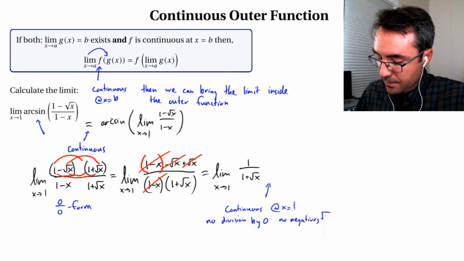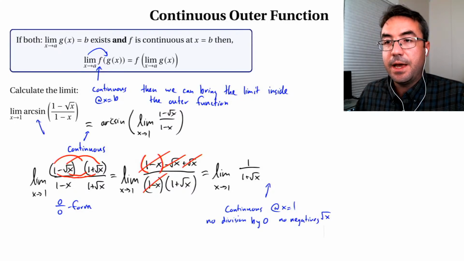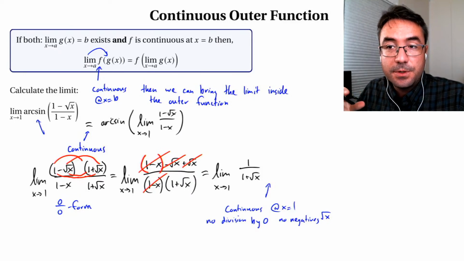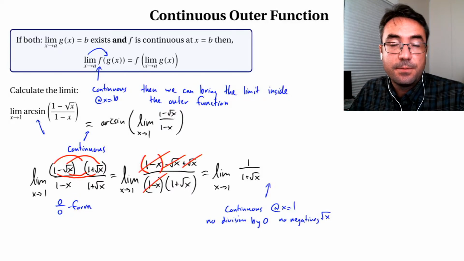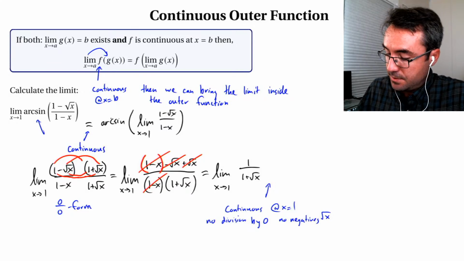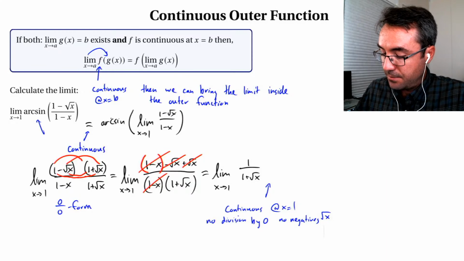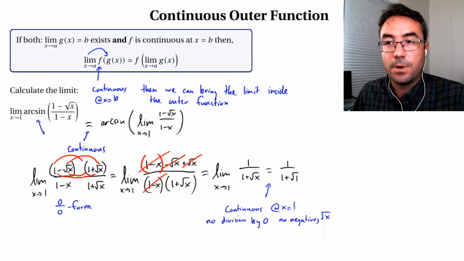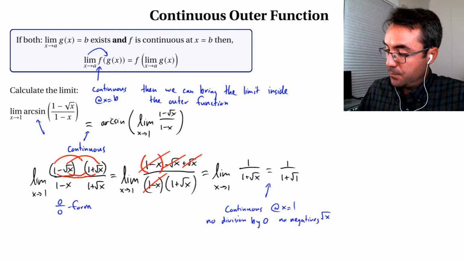That's the one thing we have to be careful about when we have square root signs. We can't be plugging a negative into that. And then we have a fraction, so we can't be dividing by 0. If those two conditions are met, then the function here is continuous. What that means for us is we can just evaluate this by plugging in x equals 1. And so we get 1 over 1 plus square root 1, which is 1/2.